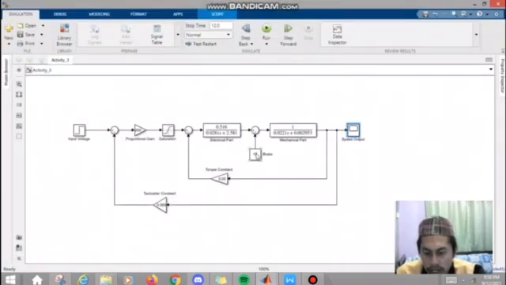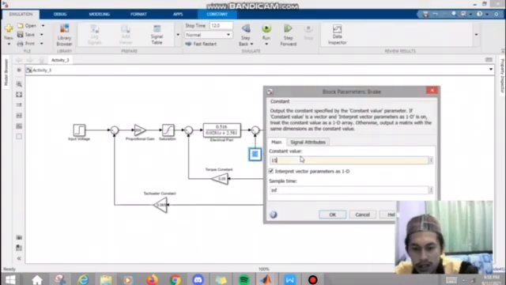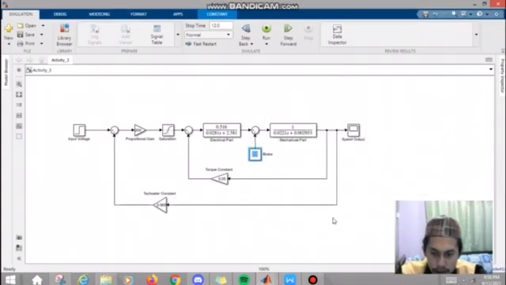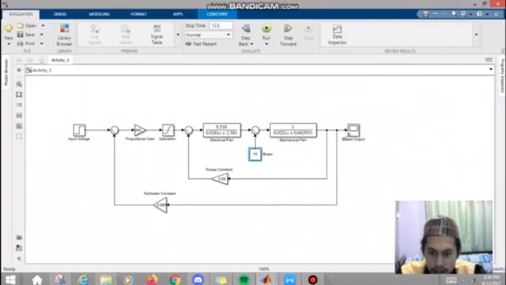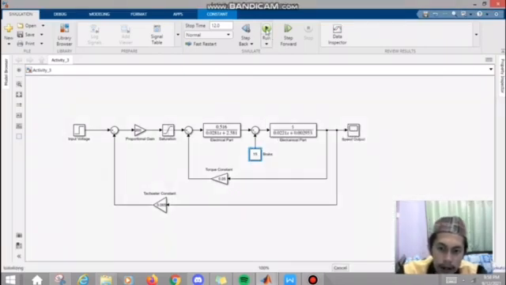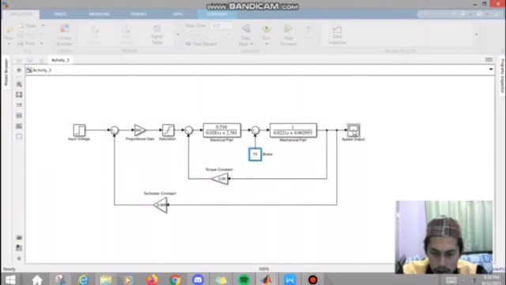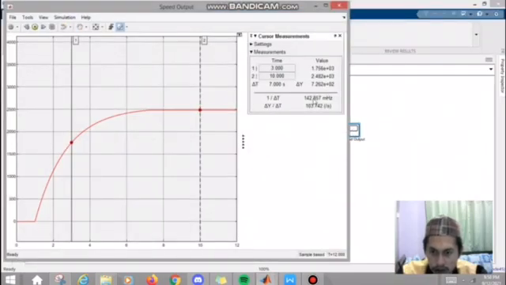Next we change to 15 and run the simulation. The value is 2482 RPM.